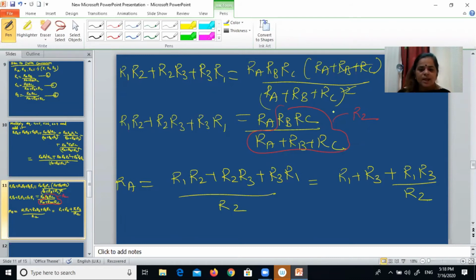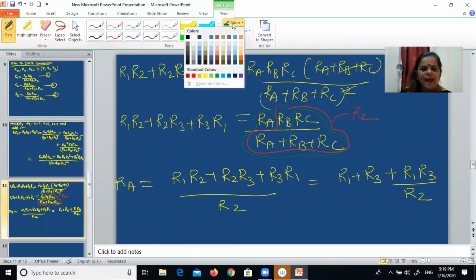Now similarly, if in this equation I want to calculate RB, I replace this term, RA RC over the sum, which is nothing but equal to R3.